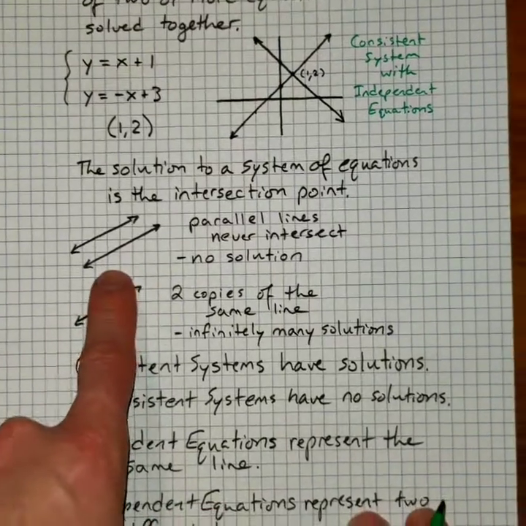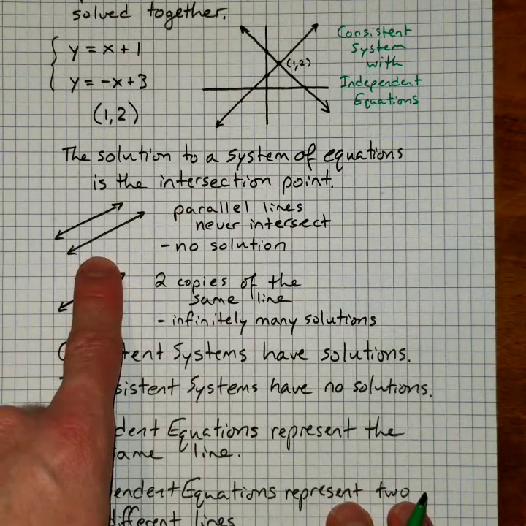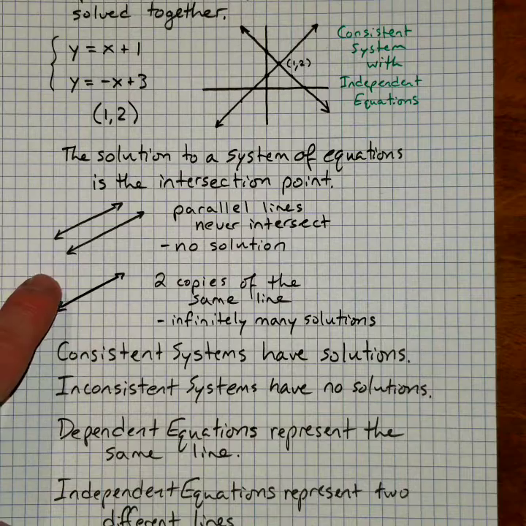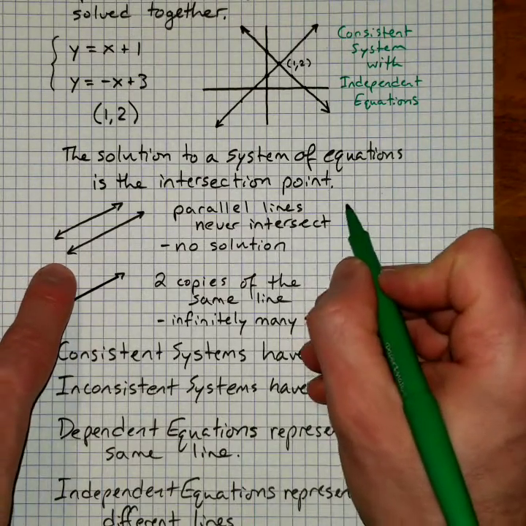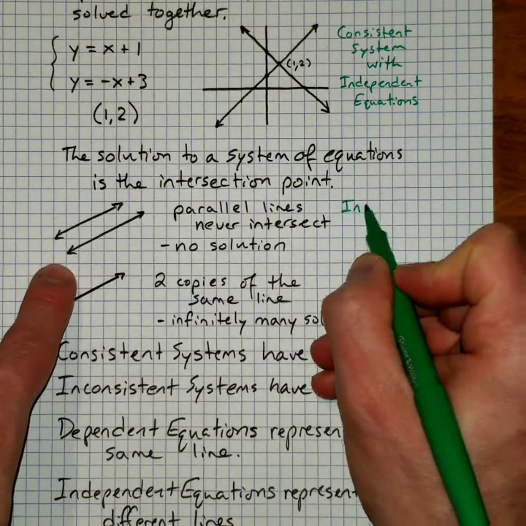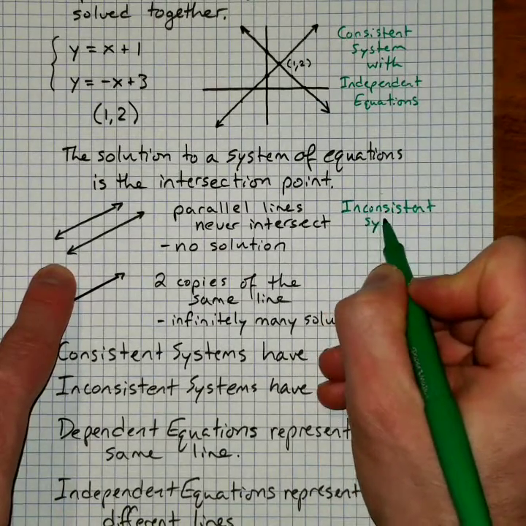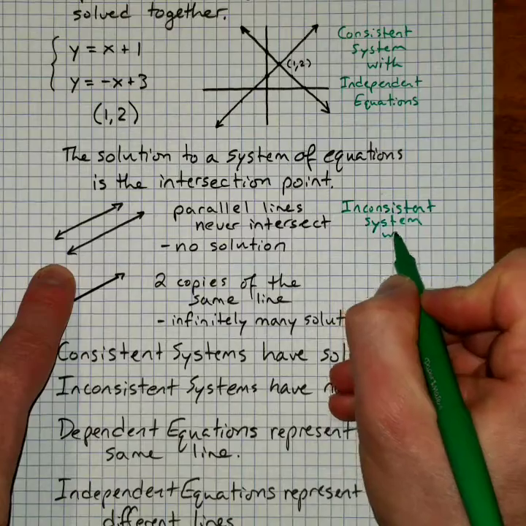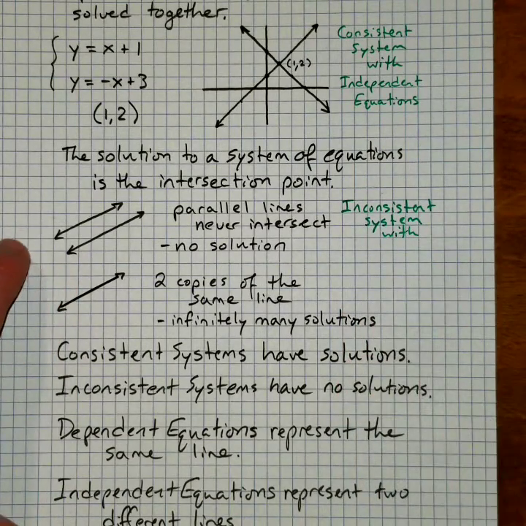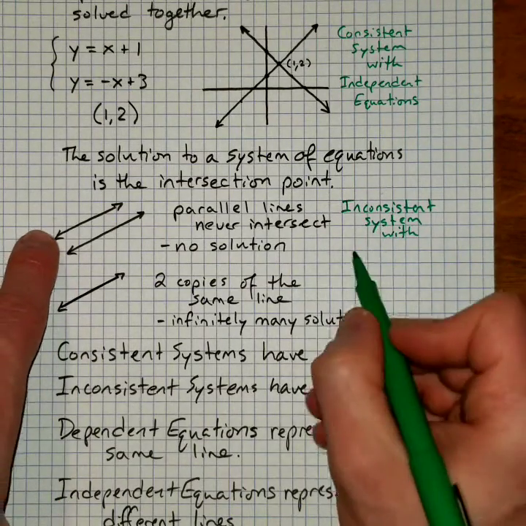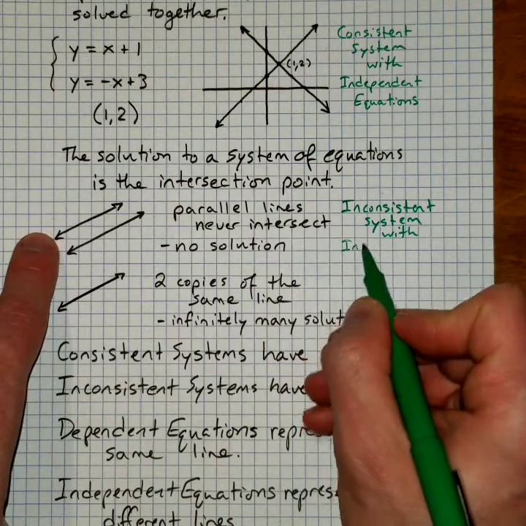The scenario with parallel lines would be considered an inconsistent system with also independent equations, because they're different lines.